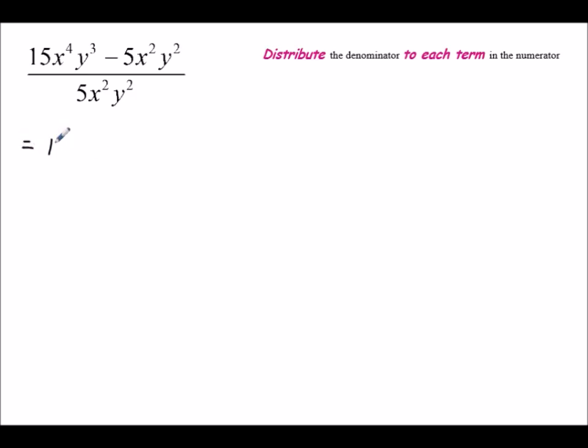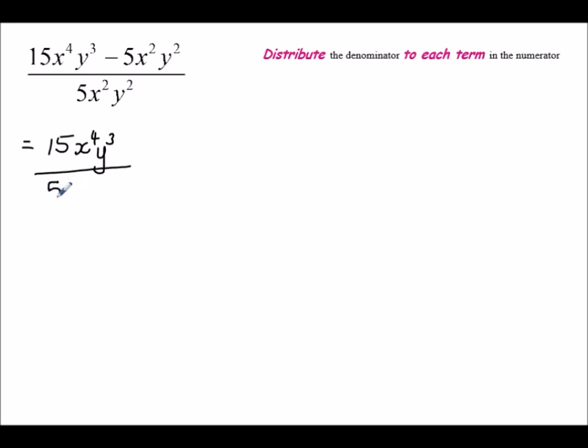So I'm going to say 15x to the 4 y cubed over 5x squared y squared. It's very ugly.